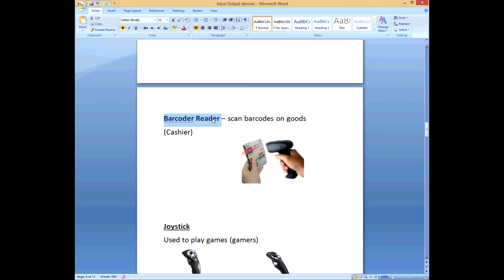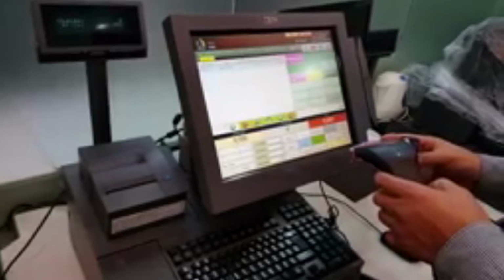Barcode reader. Most people have been to a store and seen the cashiers use the barcode reader. What does the barcode reader do? It scans barcodes on goods.